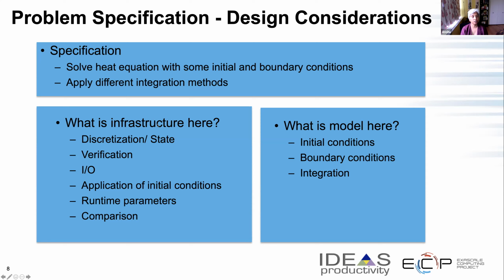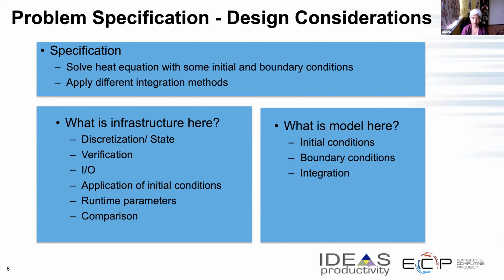Our infrastructure is whatever is the discretization, which means the state, which would include things like the temperature, primarily the temperature in this instance. Verification, the IO, using which we are putting out the calculated values, application of initial conditions, runtime parameters, and comparison utility. Our model here is the initial conditions that we are applying, the boundary conditions, and the integration method.